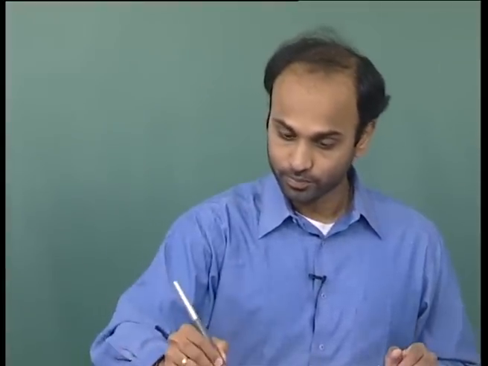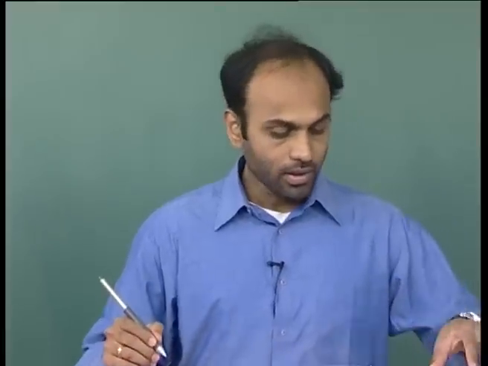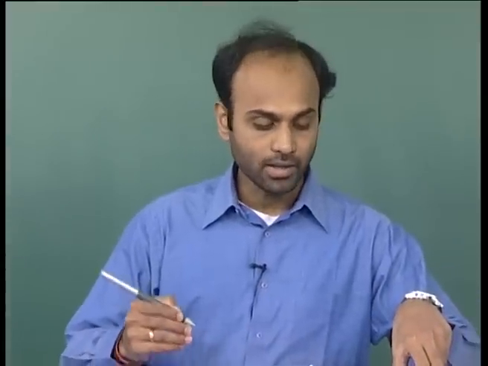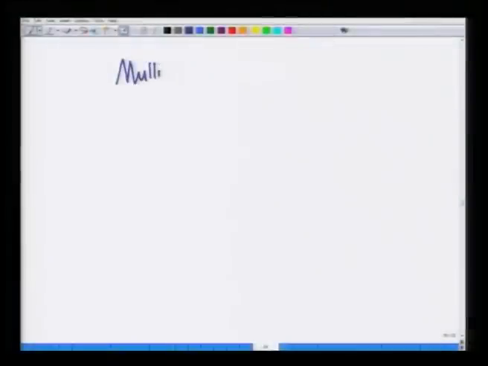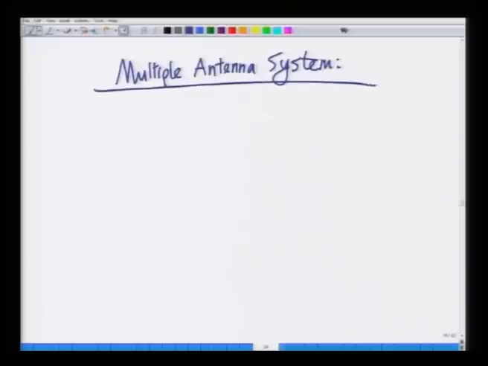So, let us understand why this is arising. Let us look at this multiple antenna system, and let us again ask the question that we asked before: what is the probability of a deep fade?